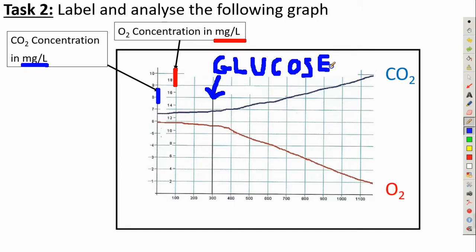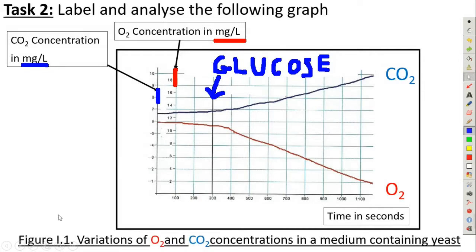There are usually holes in the bioreactor for that. So at 300 seconds, the x-axis being time in seconds, glucose is added. And we might as well add the title: variations of O2 and CO2 concentrations in a medium containing yeast.